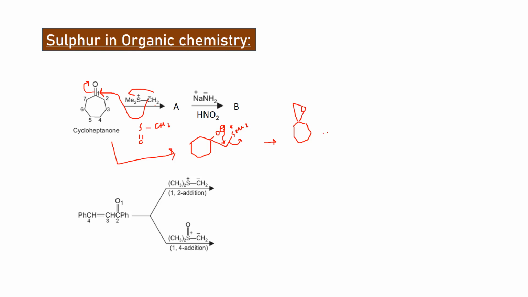Now if we add sodium amide to it, what will happen? This NH2 minus will attack this epoxide and open up this 3-member ring. We know that amide usually prefers the site which is less sterically hindered. So now we'll get the amino alcohol.